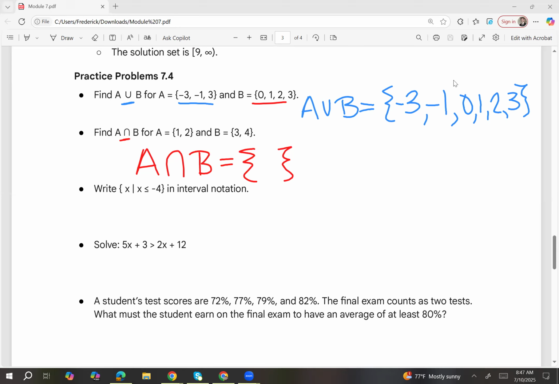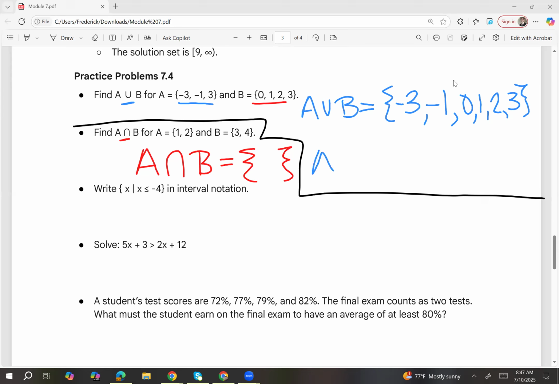Now let me come back to the other example just so you can see one where there would be something. If we come back to this first example and do A intersect, so notice how I flipped over the U, I'm writing A intersect B now. For the first example, I scan across both of them and I notice there's a 3 in both of them, positive 3.